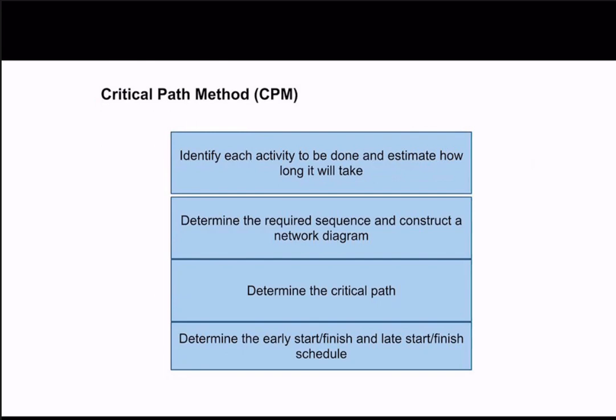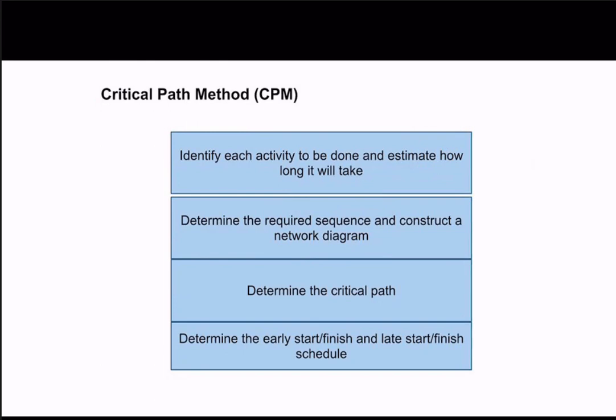Second, you need to determine the required sequence. For a whole project, like constructing a hospital, before you buy the land, you are not able to construct it, and before you construct it, you are not able to move the equipment into the plant. So you need to determine the required sequence for activities, and then you will be able to draw the network diagram.